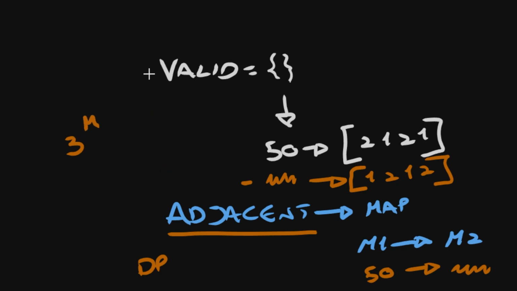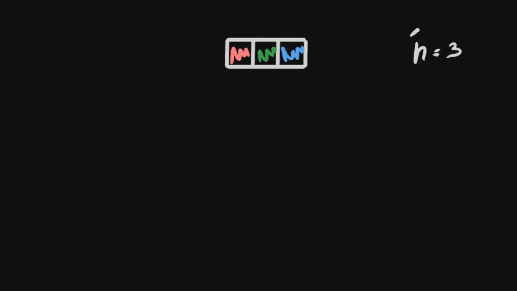So up to this point, we have a map with valid rows, another map with valid adjacent rows, and now we are building a DP to get the final answer. Now let's say n equals 3 and we are starting from any valid row, let's say this one.